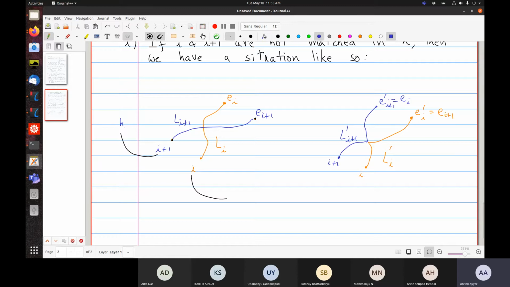So here is k and it goes like so, whatever, to ek, and I is matched to some j and it goes whatever and it comes here to some ej. I am running out of space here actually. Let me try to squeeze this in.